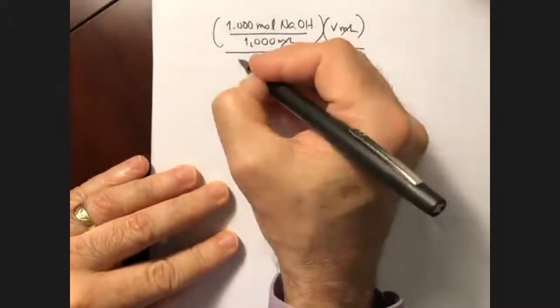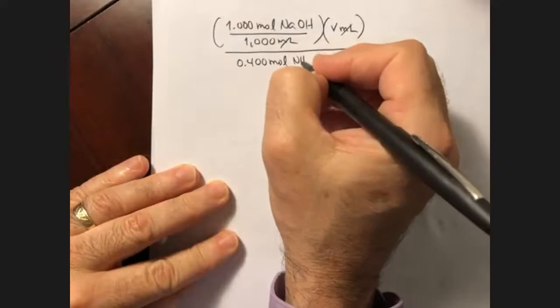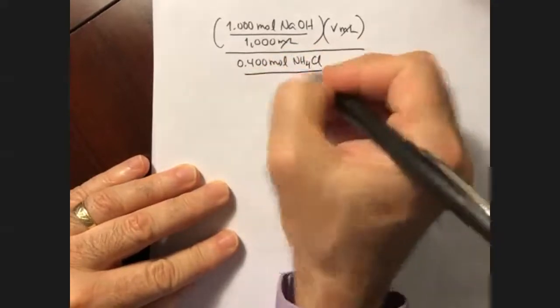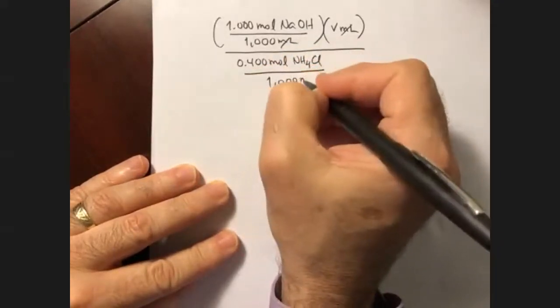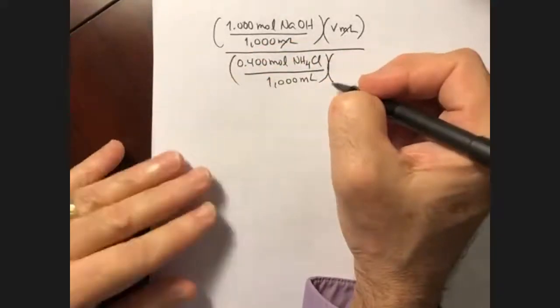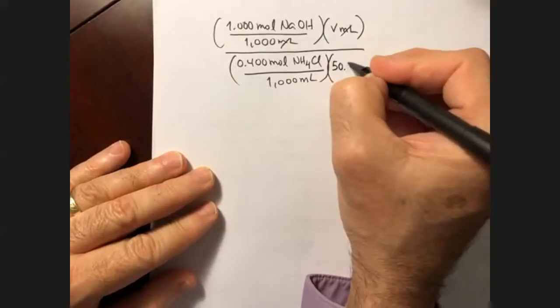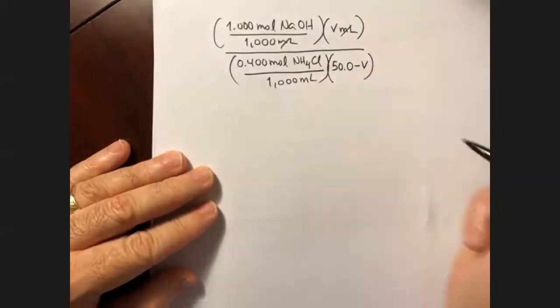And then we had 0.400 moles of ammonium chloride in a liter, or 1,000 milliliters. And we're going to add a complementary amount of liquid. The final volume has to be 50, so this is going to be 50 minus that.